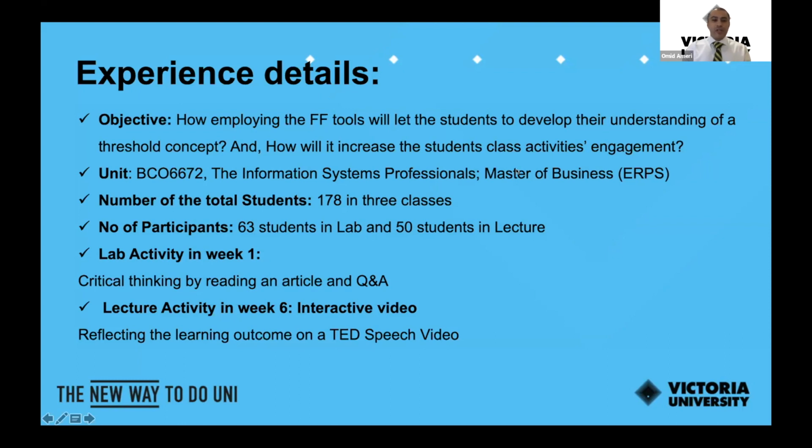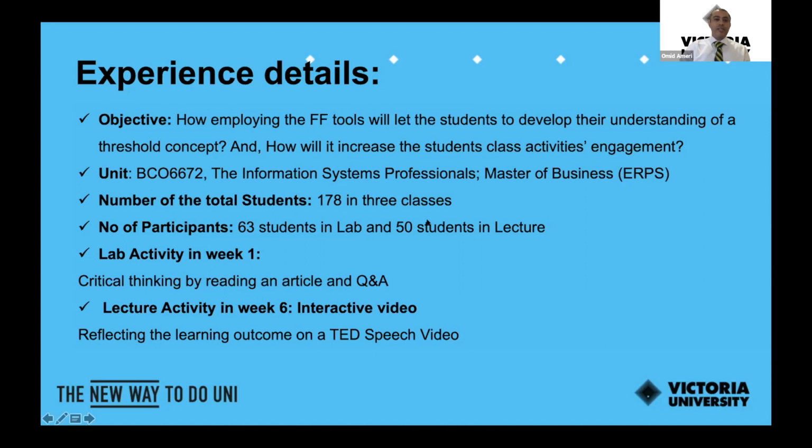The unit that we are talking about is the information system professional in Master of Business School. And we had 170 students in that unit, and 63 students participated in this program. And we did two activities. We used two tools.